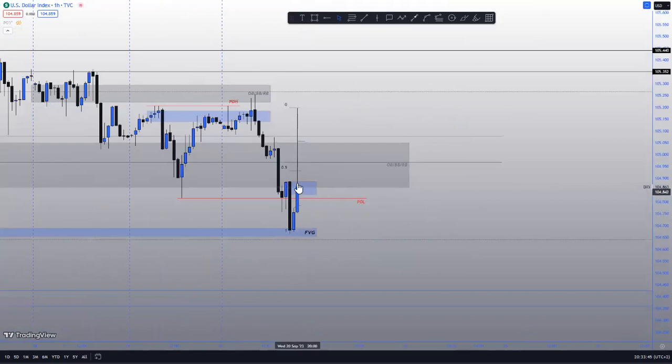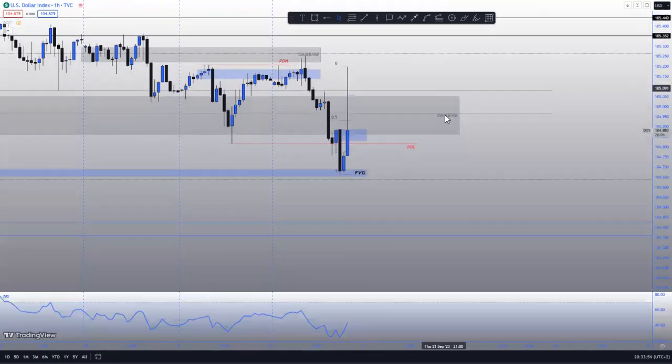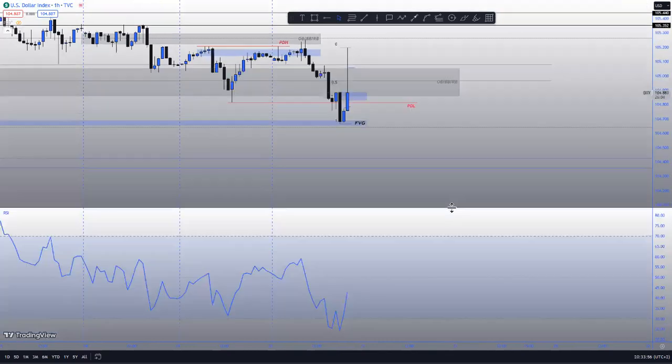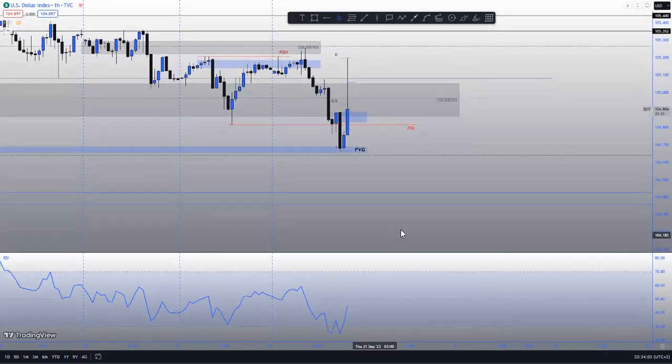So on the 1 hour, we just have this long wait. Also, since I like using divergences a lot, guys, I can utilize this as well. Sometimes I just need more confluence. I mainly look at the divergence, not the overbought and the oversold. I just look at a divergence.